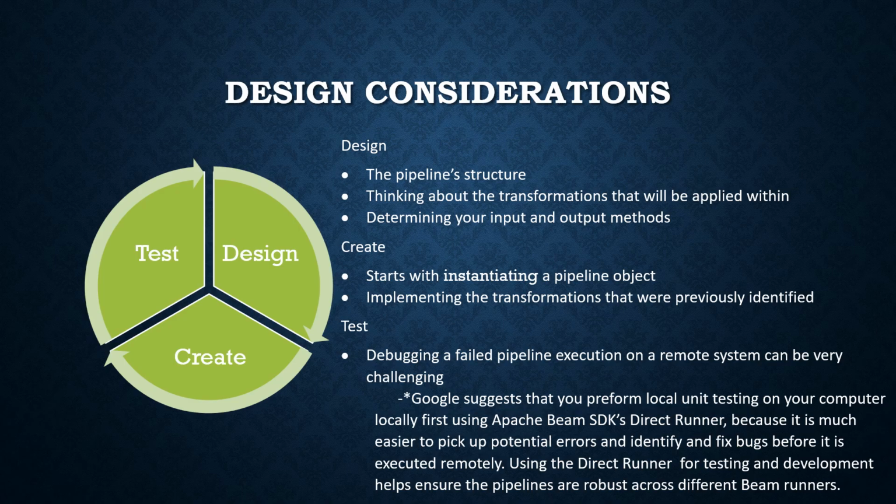So debugging a failed pipeline execution on a remote system can be quite challenging. So Google recommends that you perform local unit testing on your computer because it's much easier to pick up potential errors and identify and fix bugs before it is executed remotely. You're going to want to do this using Apache Beam's direct runner, and this is a potential test question. So make sure you write this down.